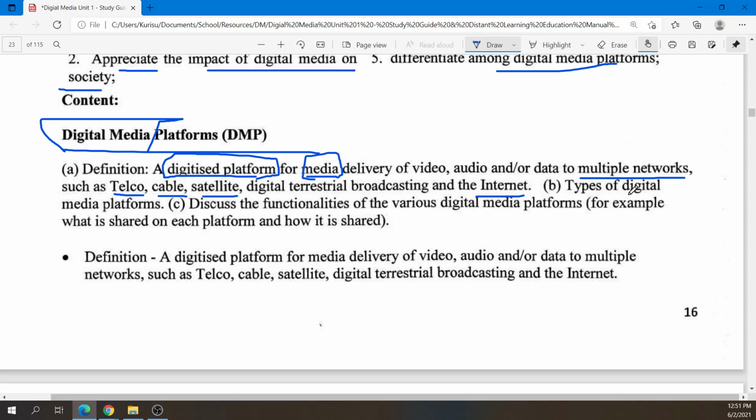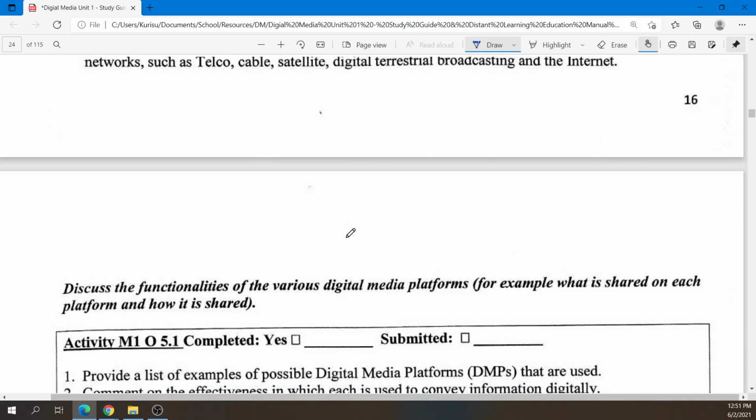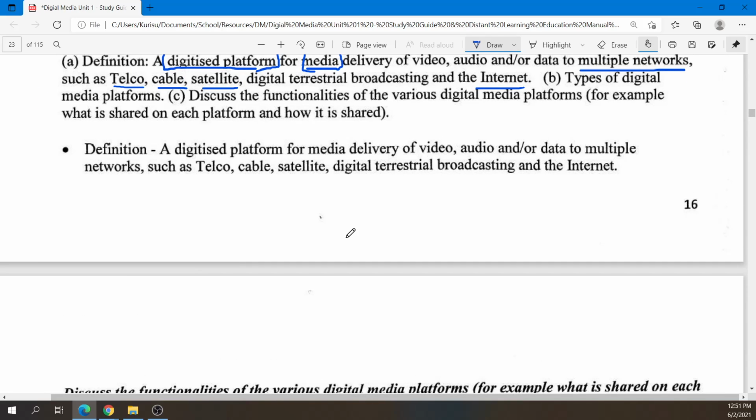We're also going to be looking at the types of digital platforms, and discussing the functionality of the various digital media platforms. For example, what is shared on each platform and how it is shared. So we just looked at the definition.